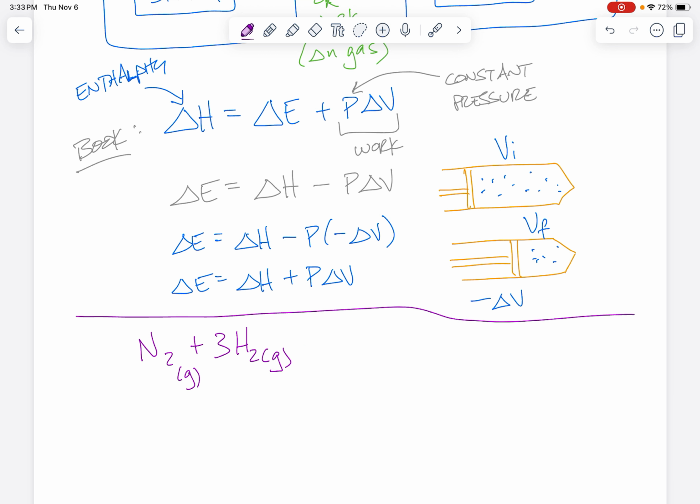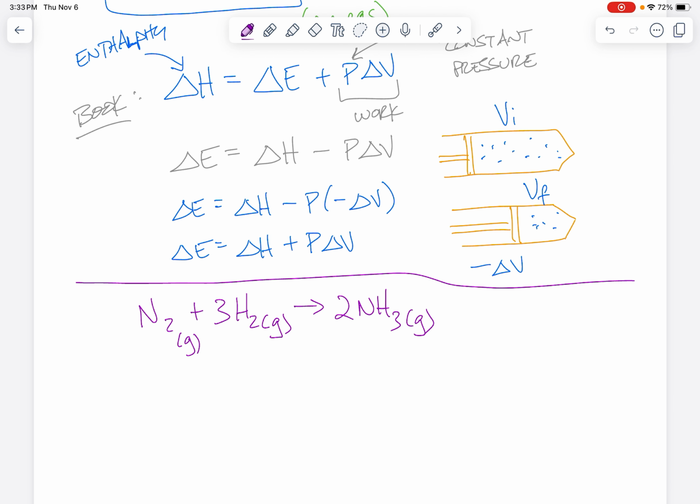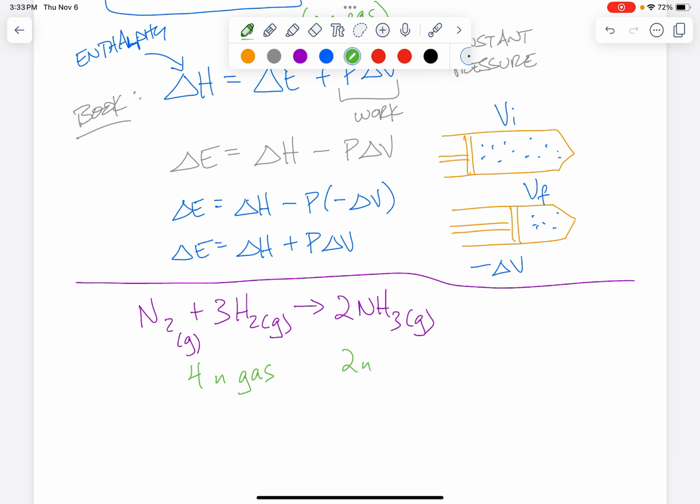Should be an arrow. There we go. So very famous chemical reaction here. And if we keep track of our moles of gas, we see that we have 4 moles of gas on the reactant side, 2 moles of gas on our product side.